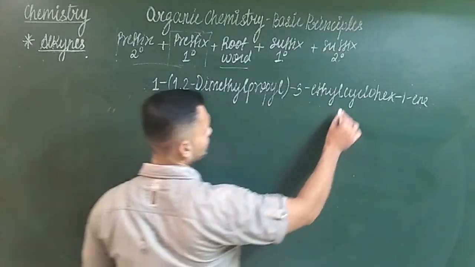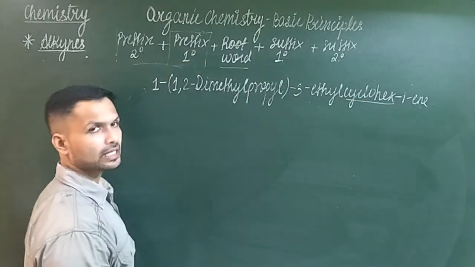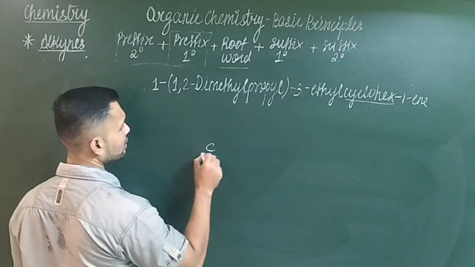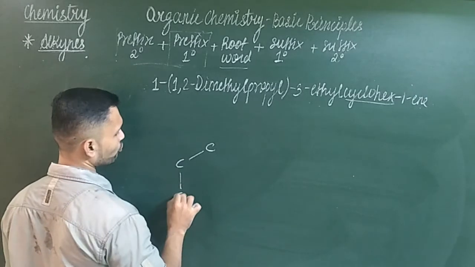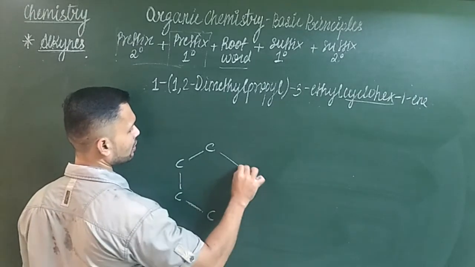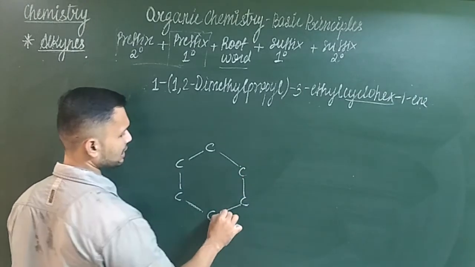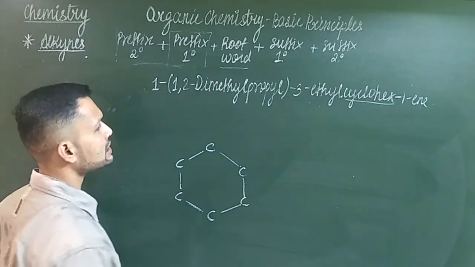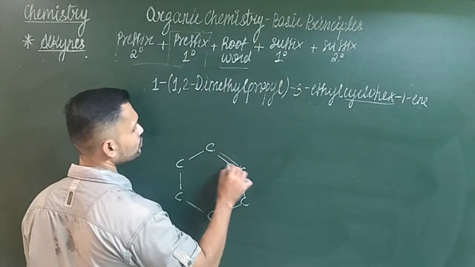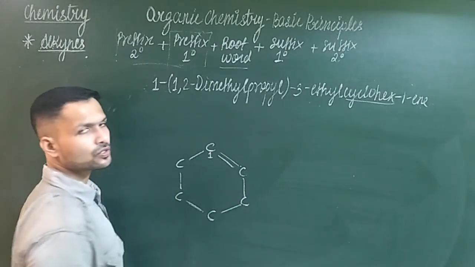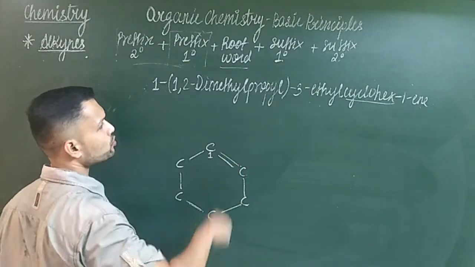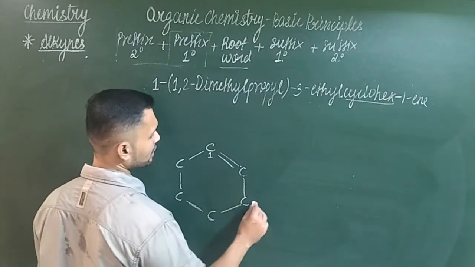So obviously look at the parent, cyclohexane. So this is 1, 2, 3, 4, 5, 6, and this is the ring, cyclohexane. Suppose I am taking this as the first position, so the double bond is over there, hex-1-ene. 1, 2, 3.